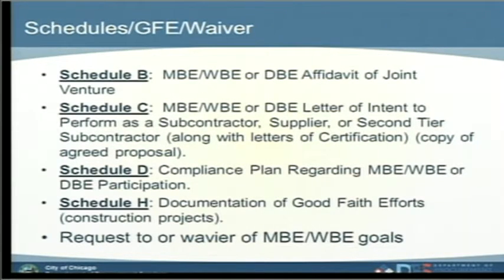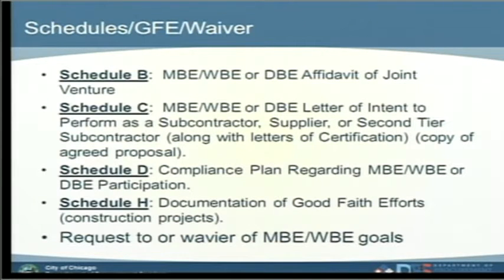A Schedule B, in case you happen to be a joint venture, meaning that you team up with 2, 3, or 4 more companies and do a joint venture to exercise your option to bid on a project, you will be using the Schedule B. All of that comes with the package once you pick up the solicitation. A Schedule C is a letter of intent that is submitted by the minority, the woman, or the disadvantaged business.